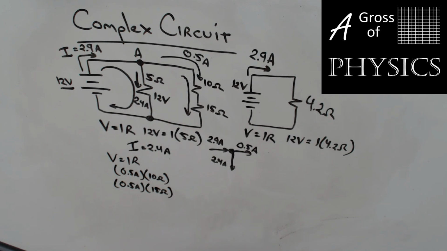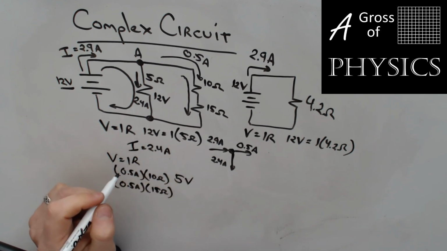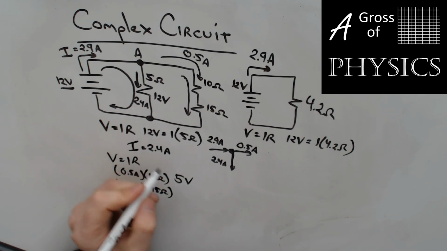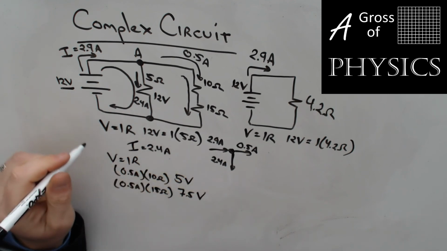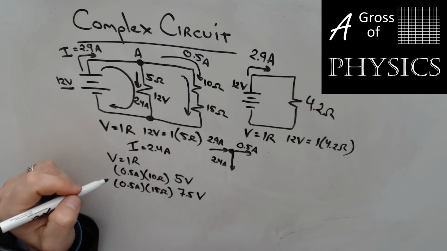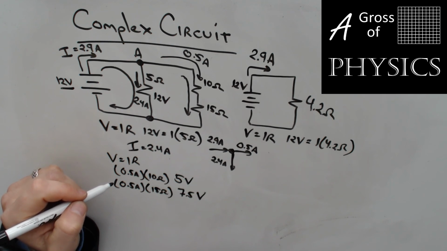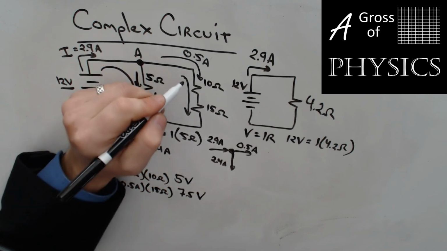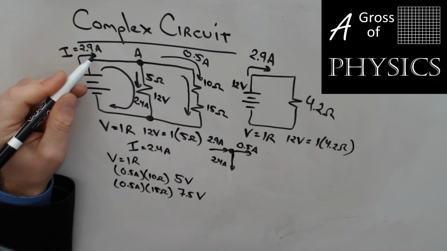So 0.5 times 10 is 5 volts, and 0.5 times 15 is 7.5 volts. So we have 5 volts and 7.5 volts. So that means that we have our current flowing through each section. We have our current flowing through the original.